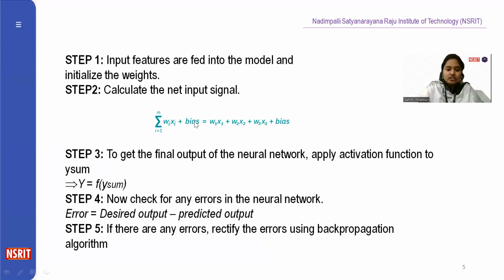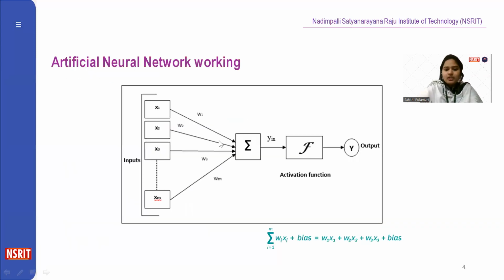Anyways, this is the formula, x1 into w1 plus x2 into w2 plus x3 into w3, where we have considered only 3 neurons and 3 weights. This is the formula to calculate net input signal. You can represent it as y in or y sum.